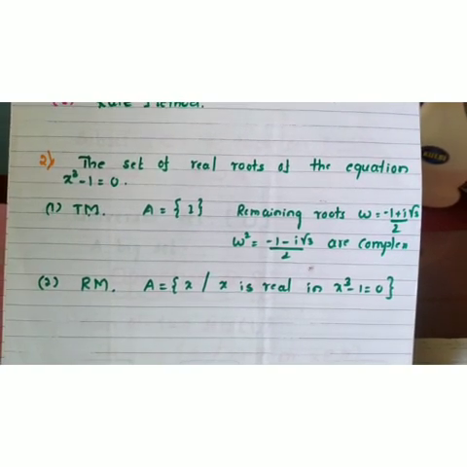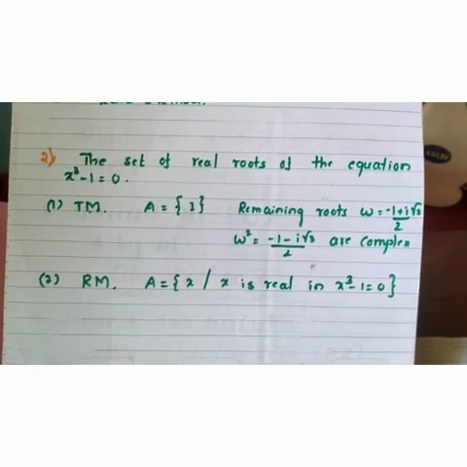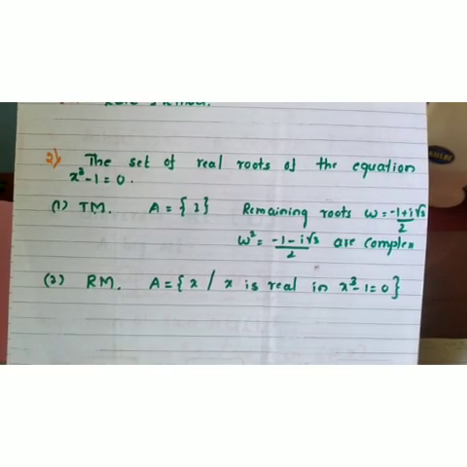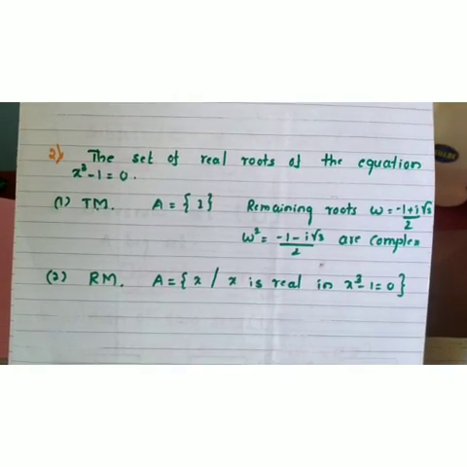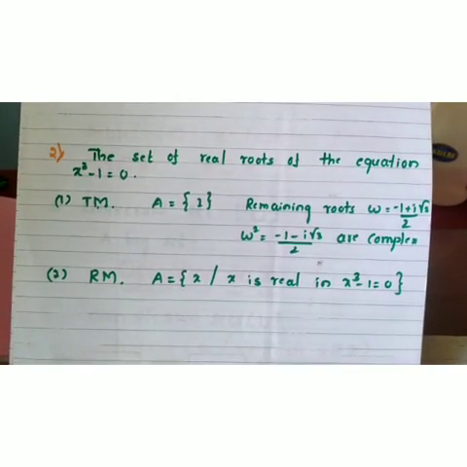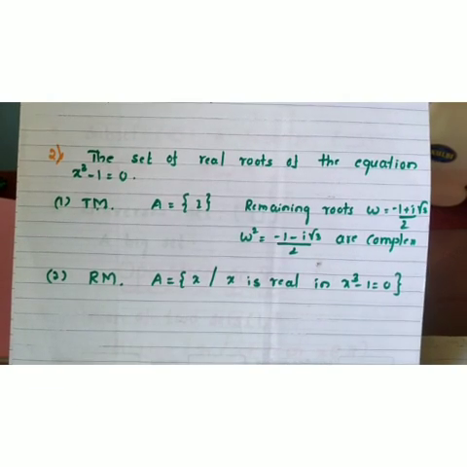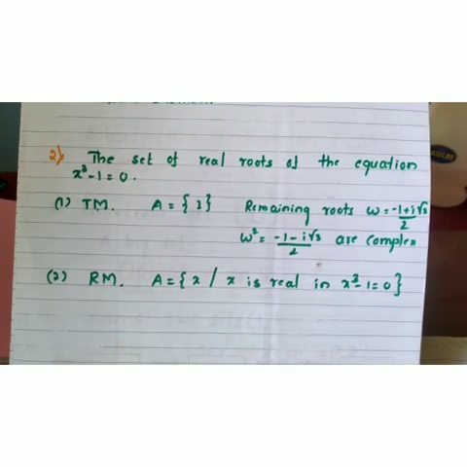But the example says the set of real roots of the equation. Among 1, omega, omega square, 1 is the real root; the others, omega and omega square, are not real roots. Therefore, x cube minus 1 equals 0 has three roots, but only one root can be represented by means of a set: the set of real roots of the equation x cube minus 1 equals 0.